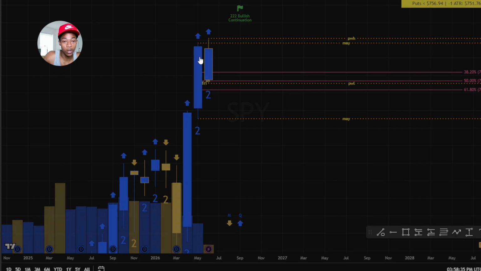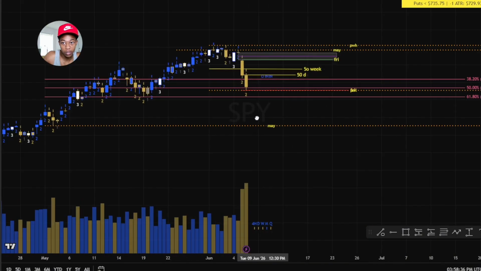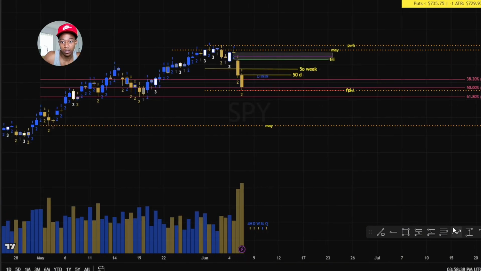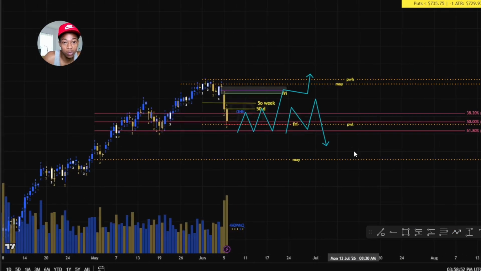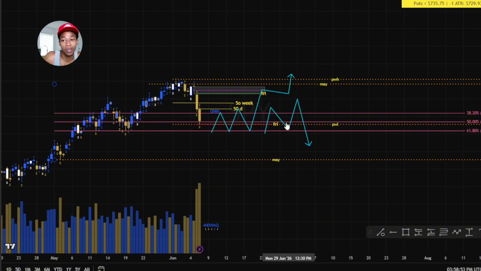So price already reacted to the 50% fib level of the month. So we want to see what price is going to do around this range to either go back up or price come back down for a bearish continuation. Those are the two scenarios for the week.